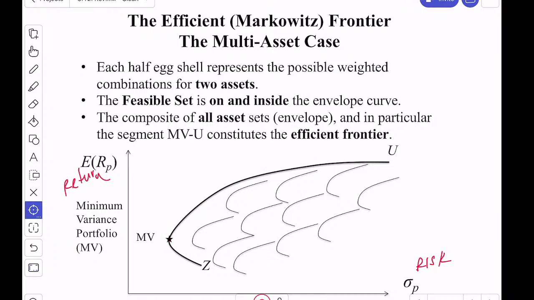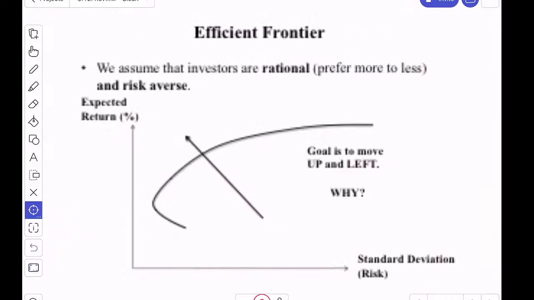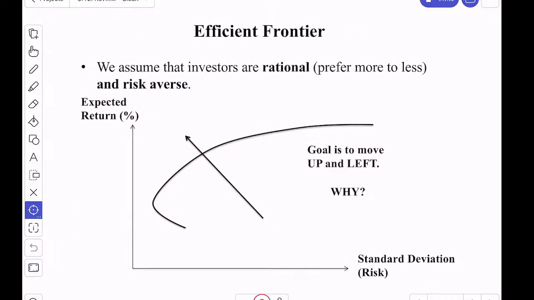Now, there aren't just risky assets available for investors to put in their portfolio. But among the risky assets, the goal would be to move up and to the left, okay? Because lower risk and higher return, that is what they want.